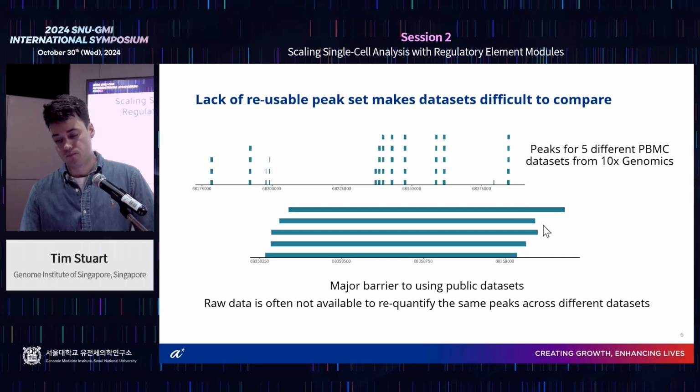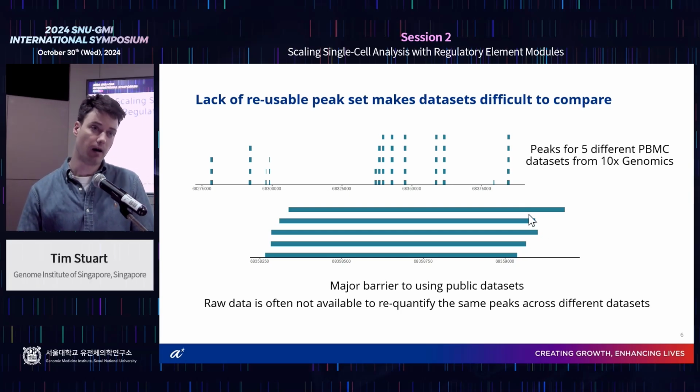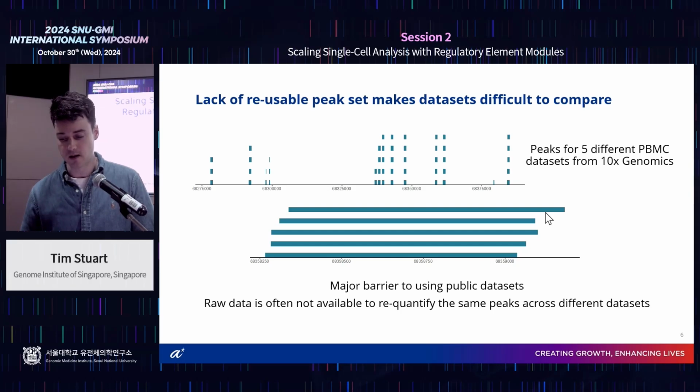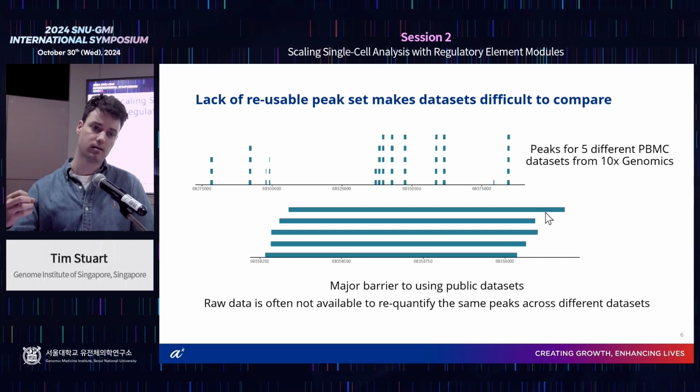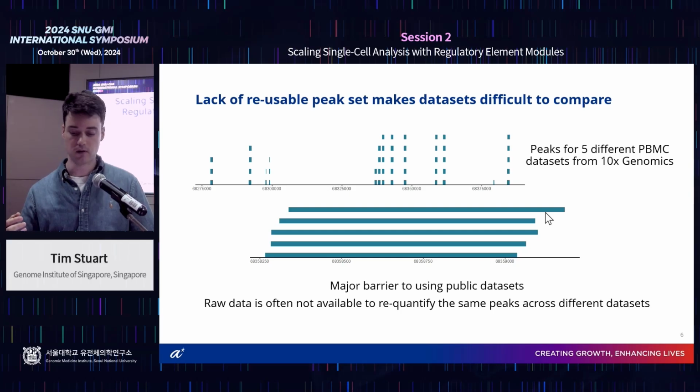And so there may be a fairly substantial barrier to getting access to that data. This is something that in my lab we've come up against many, many times: trying to get datasets from different studies on GEO, for example, and the peaks are different and the raw data may not be there. So it becomes difficult, especially if you're trying to aggregate a lot of information together, for example, training a model.